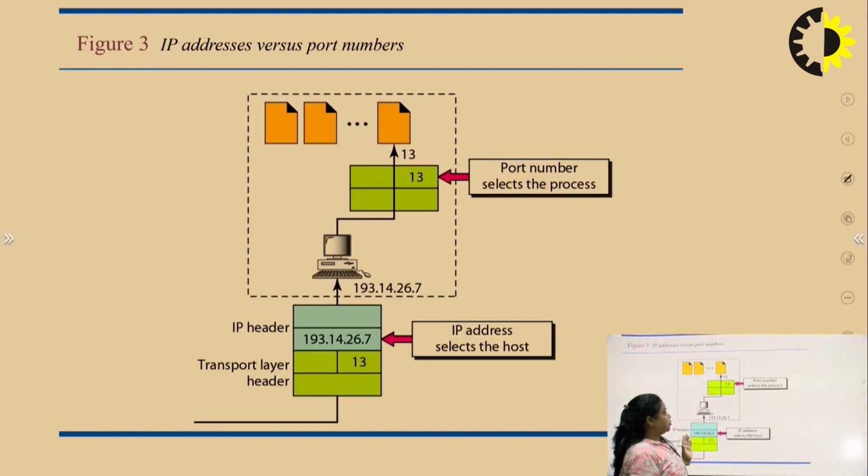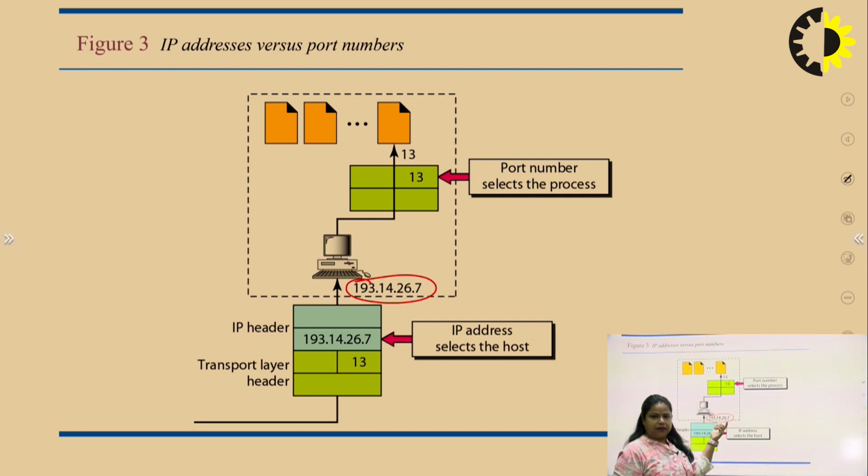When I am talking about port numbers, in the previous lectures we have already talked about logical addressing and physical addressing, right? When I am talking about logical addresses, I am talking about IP addresses. So there is a distinction between the IP address and the port numbers. Fine. Suppose this is a machine having this IP address, and it executes n number of processes, and each and every process has its own port number.